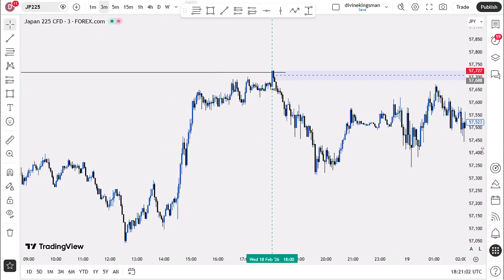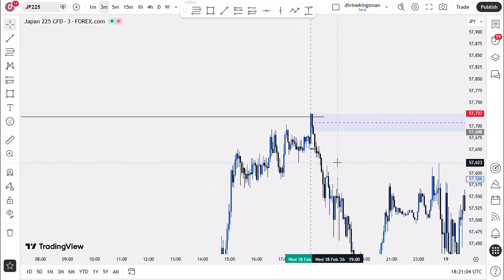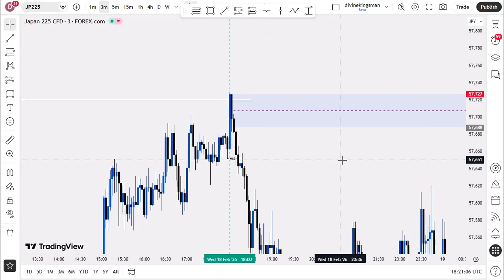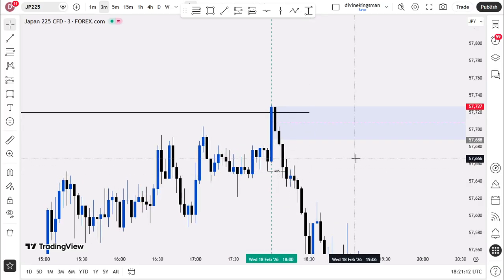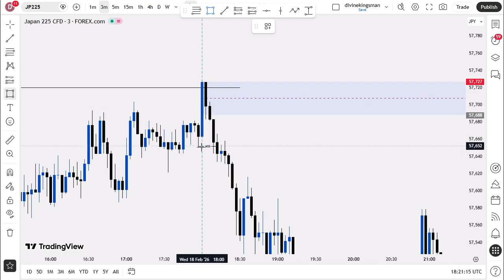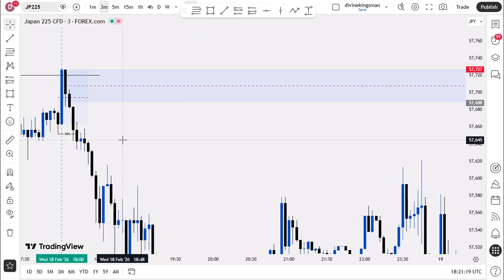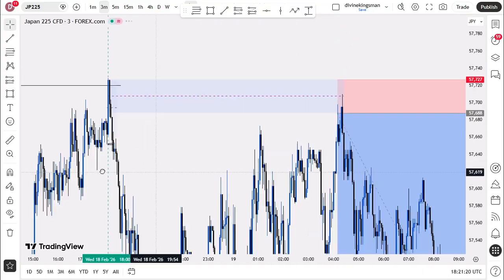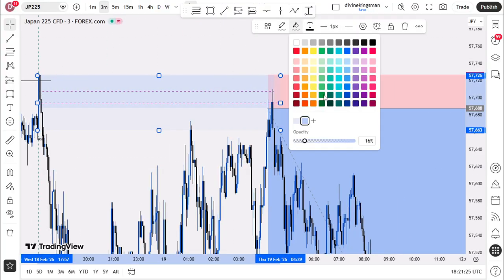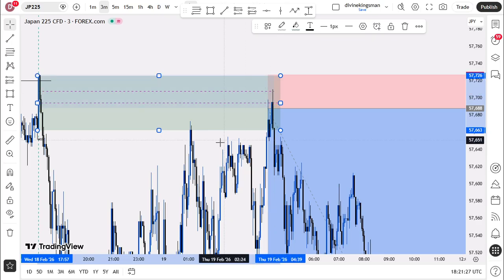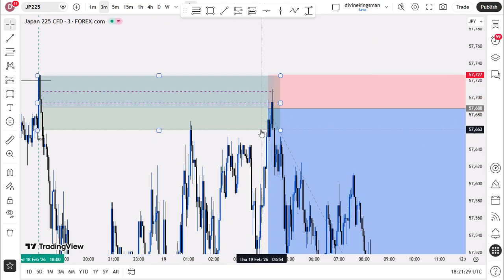Well, even if you had used 3 minutes, you would have still gotten your trade, right? Because if you are marking your market structure shift, your entry would have been something like this, right? From here to here. So even if you had used here as your entry, you would still be inside the trade, right?